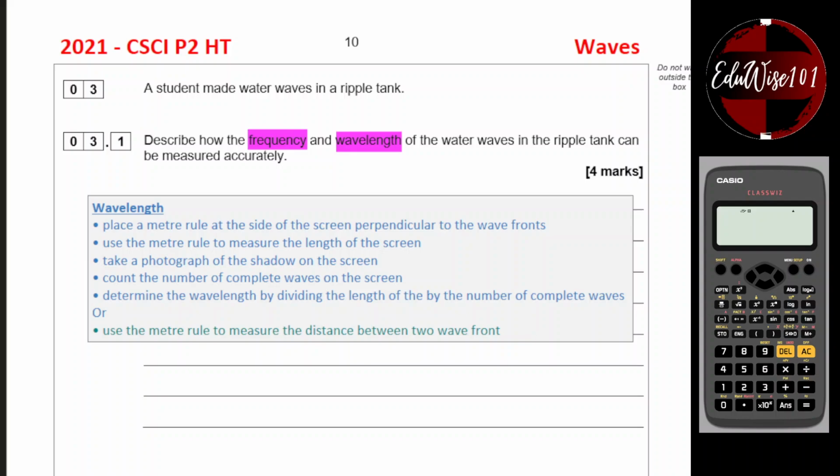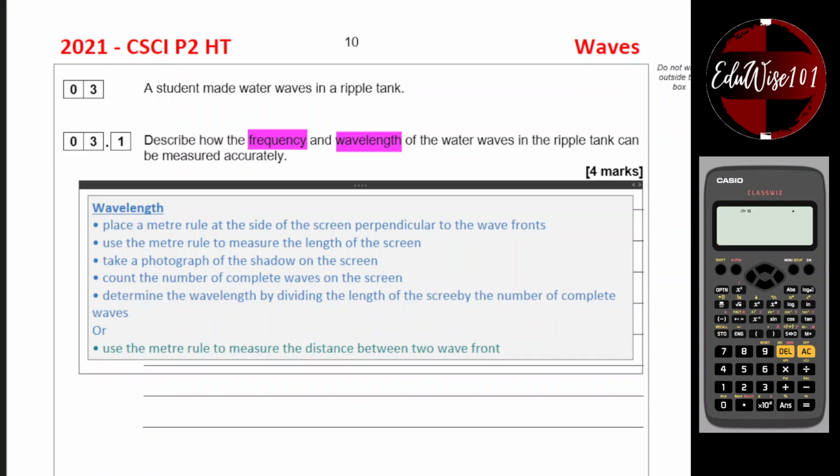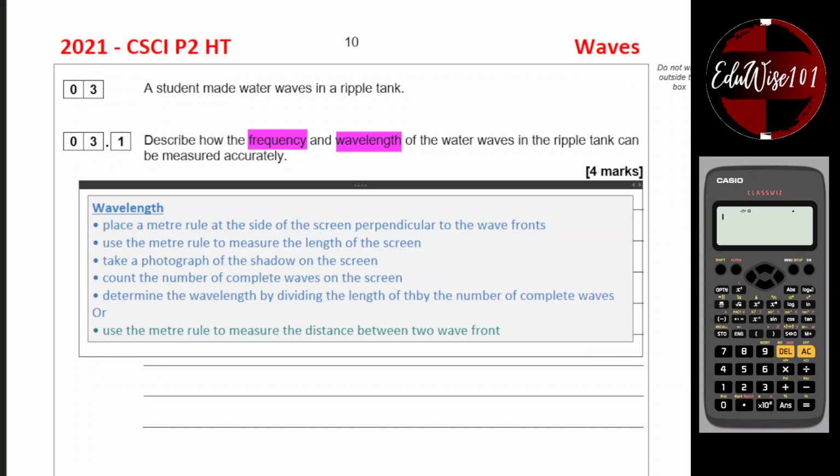Then count the number of complete waves on the screen, and determine the wavelength by dividing the length of the screen by the number of complete waves. Or you could simply use a meter rule to measure the distance between two wavefronts, which tends to be less accurate. The first method is actually more accurate.